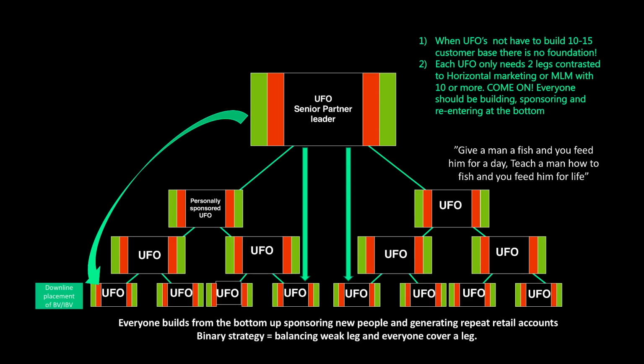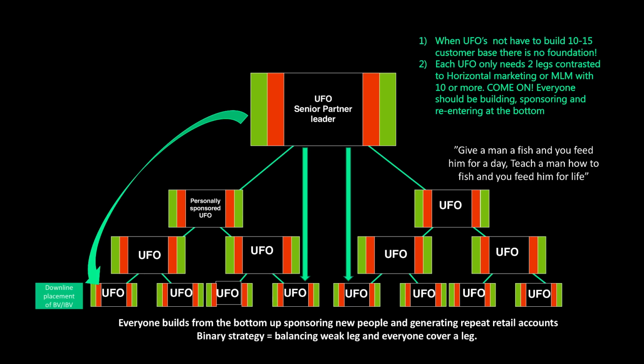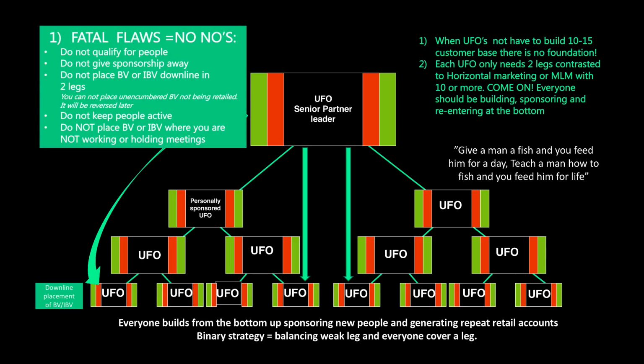And each UFO only needs 2 legs, in contrast to horizontal marketing or MLM with 10 or more. So come on. Everyone should be building and sponsoring and re-entering at the bottom. That's downline placement. So downline placement shouldn't be mainly taking BV orders and putting them down.